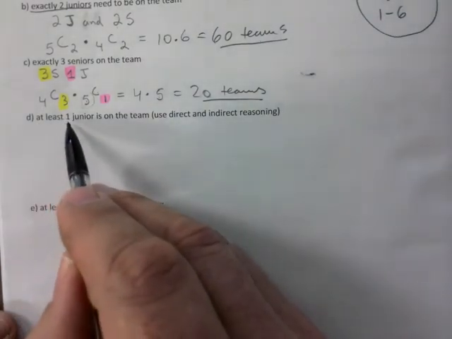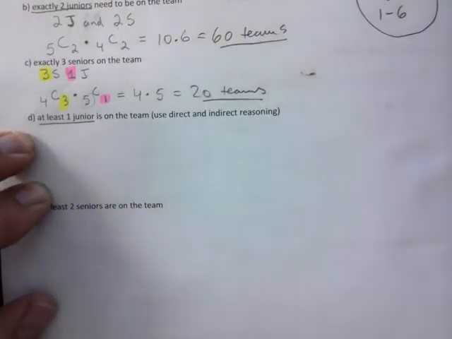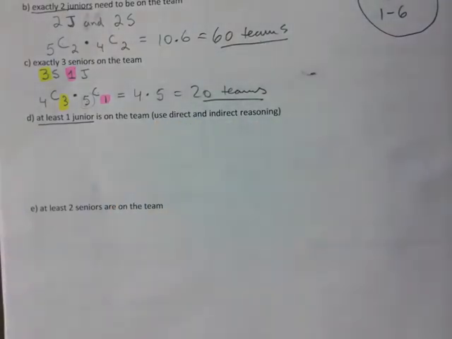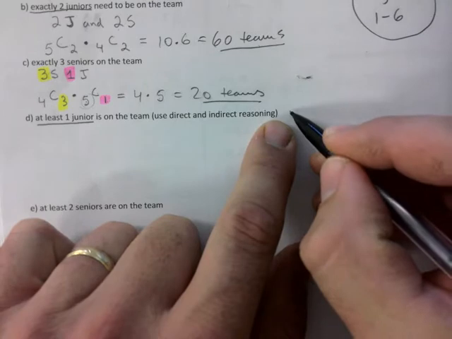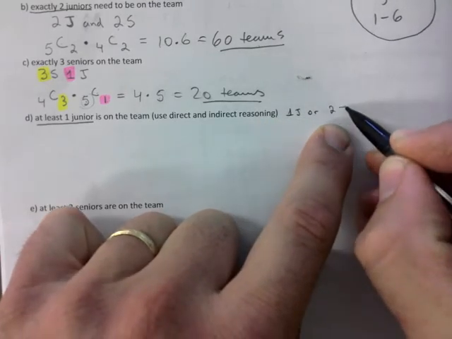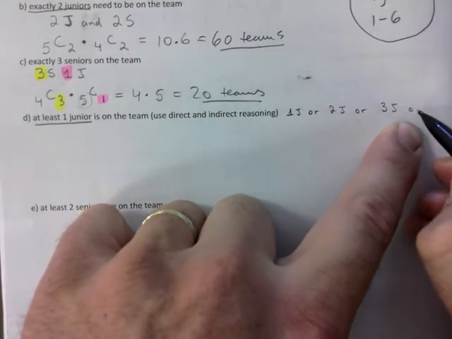At least one junior, that's very important, is on the team. Use direct and indirect reasoning. What in the world are you talking about, Mr. Dirksen? Here it is. At least one junior means 1 junior or 2 juniors or 3 juniors or 4 juniors.